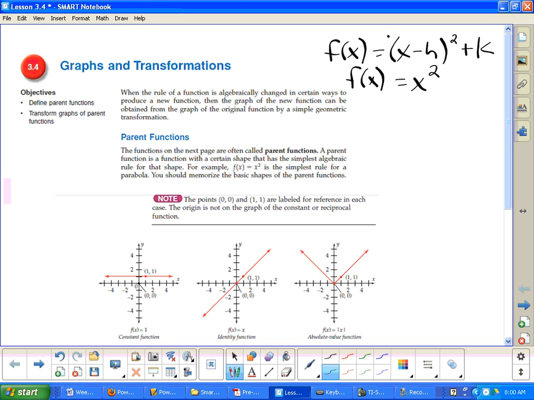We also put a in there, so with a we had either stretches or compressions vertically, and reflections if it was negative. So we've been working with transformations when we were doing transformation functions.